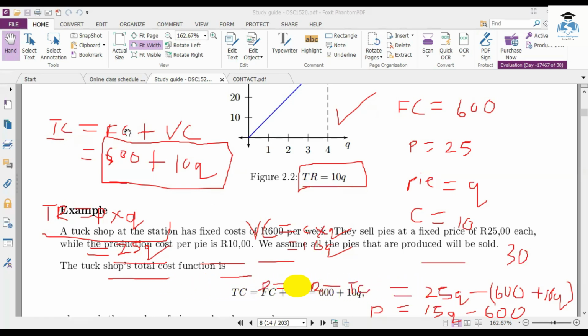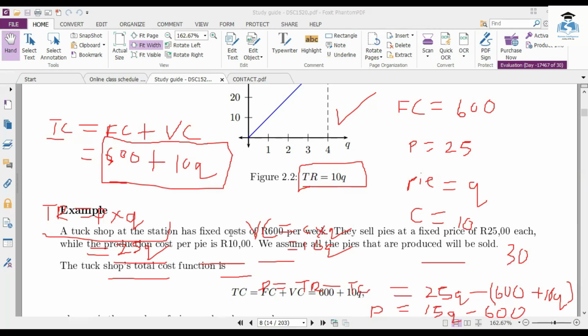Already you started from TC is equal to this, then followed by the total revenue, which is equal to this. Now you know that to calculate the profit is equal to total revenue minus TC. Then after that, when you are now here, that's when you substitute whatever values are there.